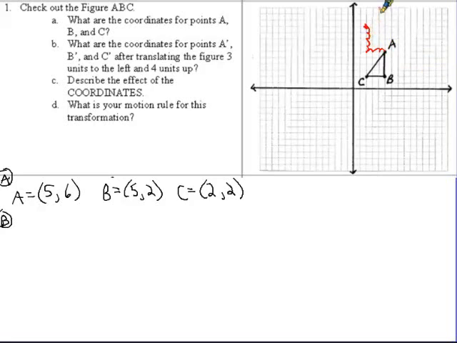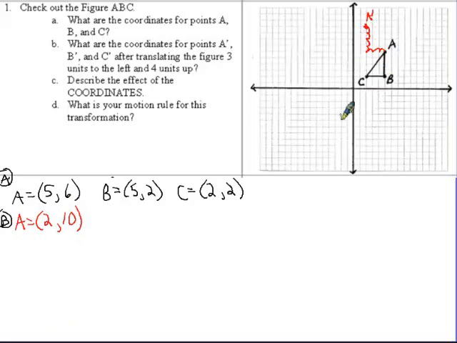And I'd put a little point there and I'd label that A prime. And I would find the coordinates for that. And the coordinates for that point is 2, and then 1, 2, 3, 4, 5, 6, 7, 8, 9, 10. So we've got 2 and then 10.